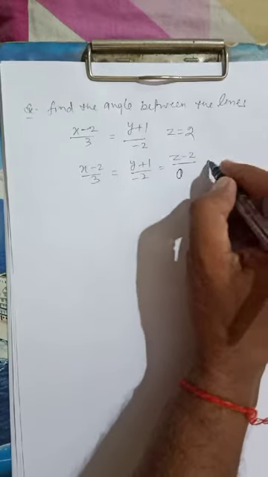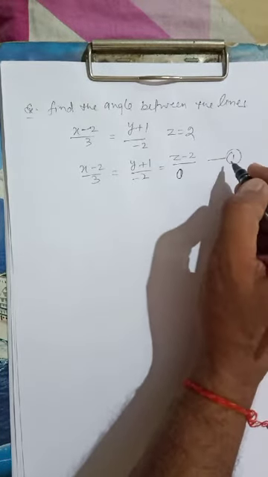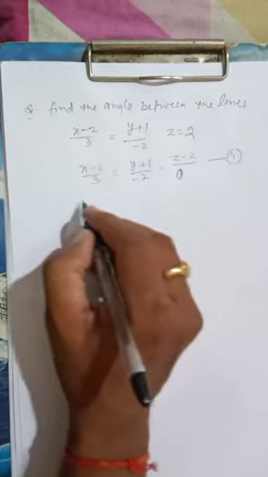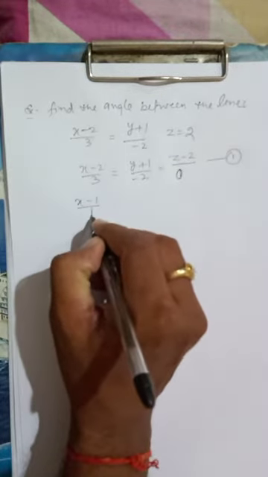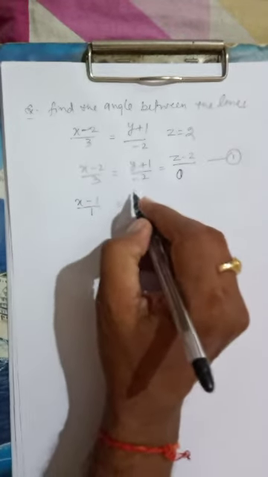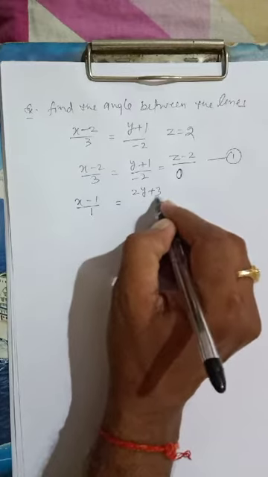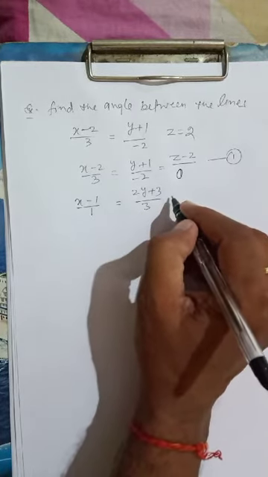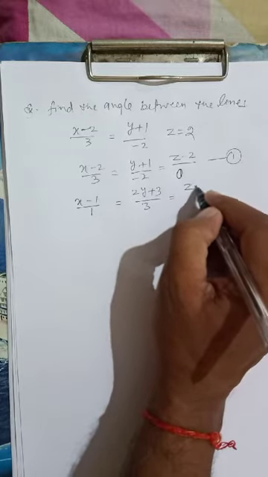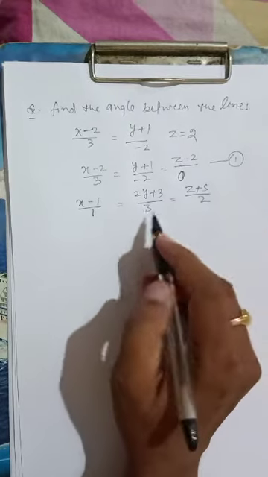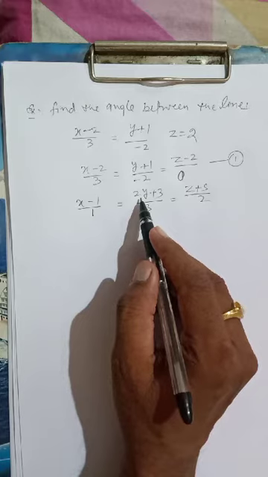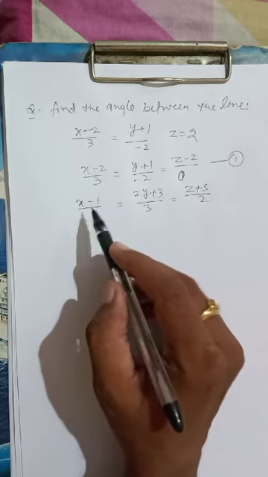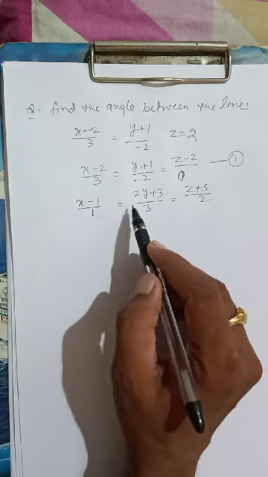This is first line. And the second line is given to you, (x minus 1) upon 1 is equal to (2y plus 3) upon 3 is equal to (z plus 5) upon 2. So here coefficient of y is 2, and in symmetric form it is (x minus x1) upon a1, (y minus y1).